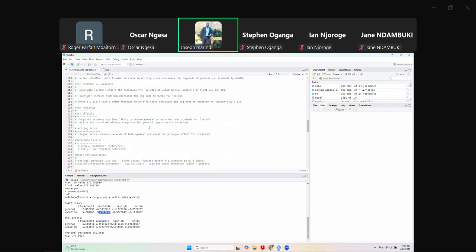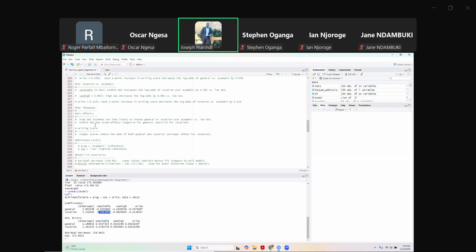What we get from this model is that the high socioeconomic status students are less likely to choose a general course or a vocational course compared to an academic course when you compare them to the lower socioeconomic status students.